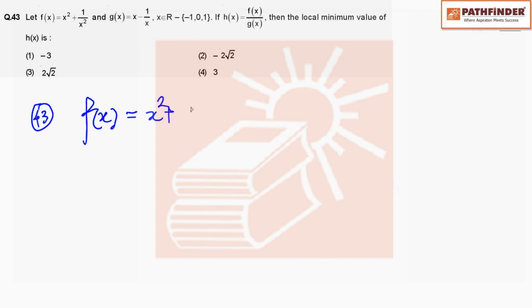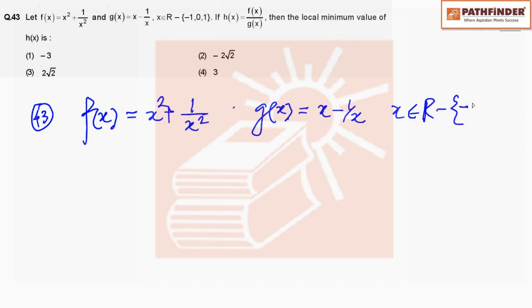fx equal to x square plus 1 by x square and gx equal to x minus 1 by x, where x can lie in the real number set minus 1, 0 and 1.